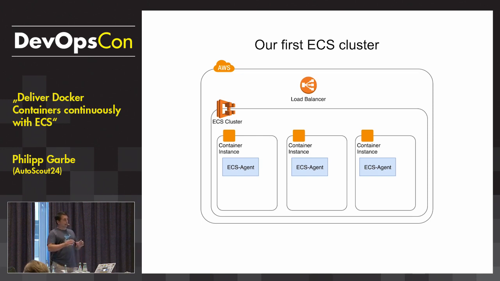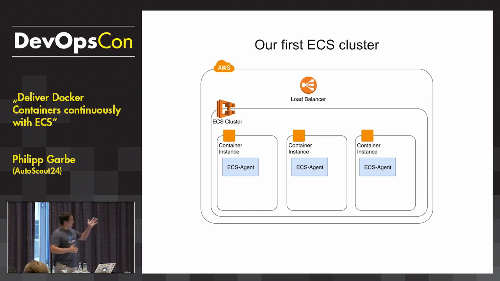The good part here is that the whole cluster management is handled by AWS. We don't have to take care of or set up any key-value store to store this information. And we also don't have different kinds of nodes like managers and workers.